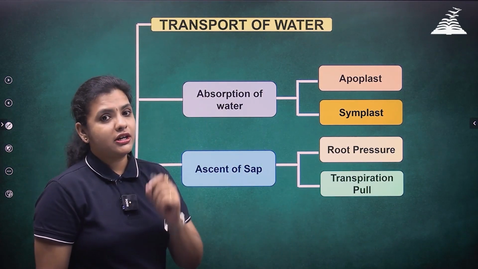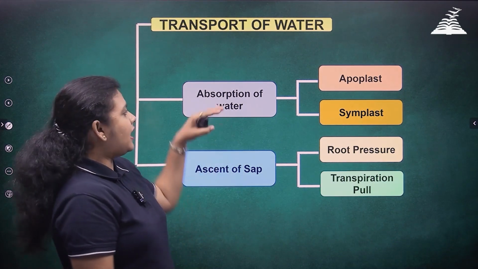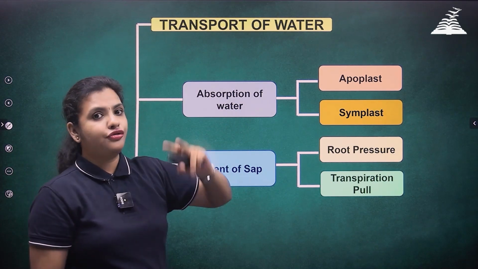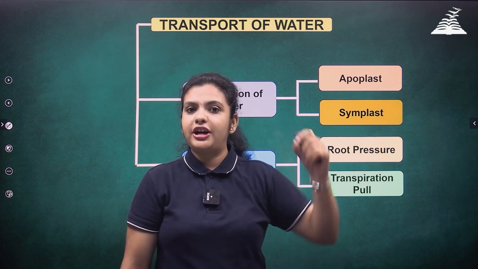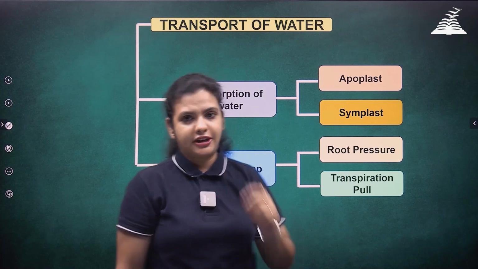When I talk about transport of water, it can occur either by absorption of water or ascent of sap. Two phenomena by which water molecules are being transported from the root to the tip of the plant or tree.